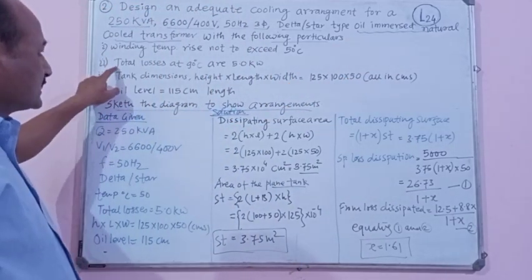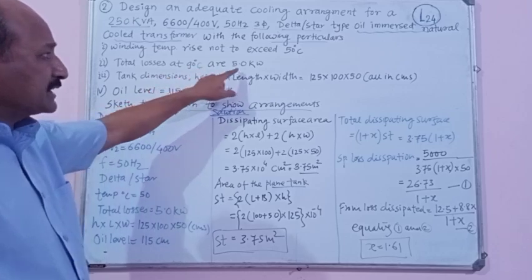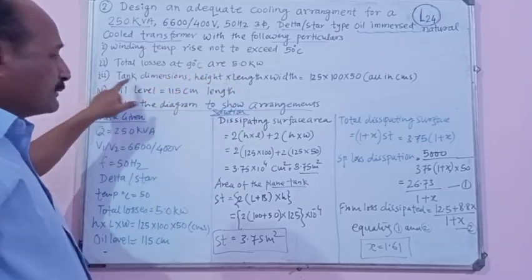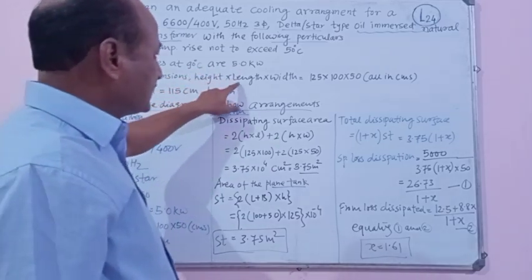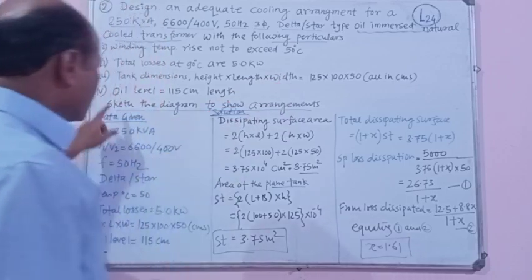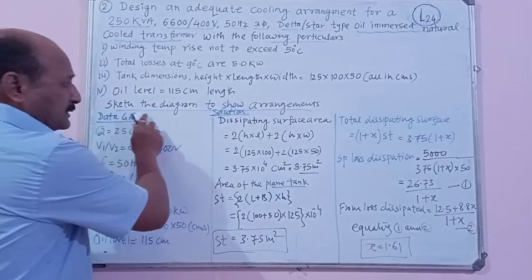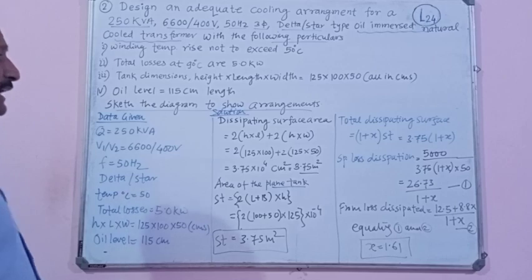Then total losses at 90 degrees Celsius equals 5 kilowatt. Then tank dimensions, height is given, length is given, width is given, oil level is also given. Our aim is to sketch the diagram to show the arrangement.